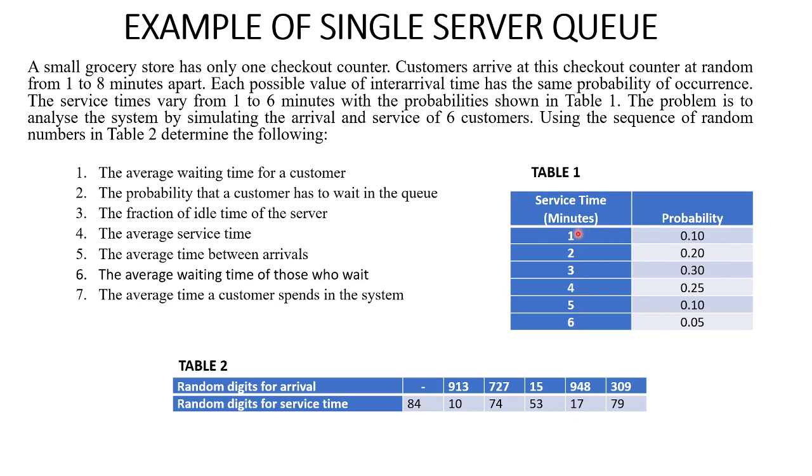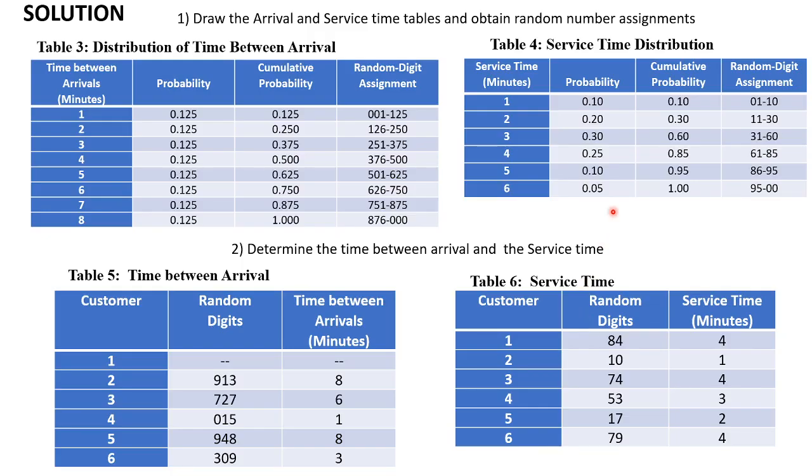The probability that a customer is served in 1 minute is that. The probability that a customer is served in 2 minutes is that, up to this value over there. So we have the probability distribution here, and the service time in minutes, up to 6 minutes.